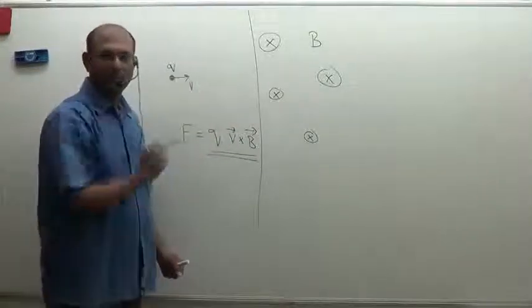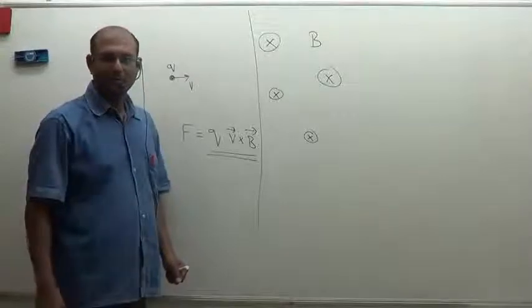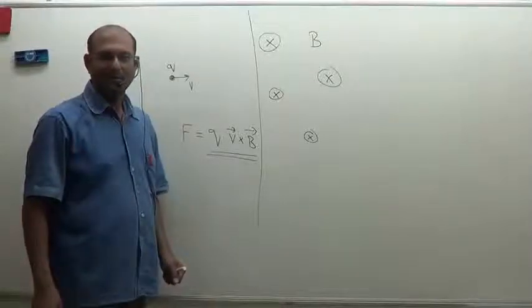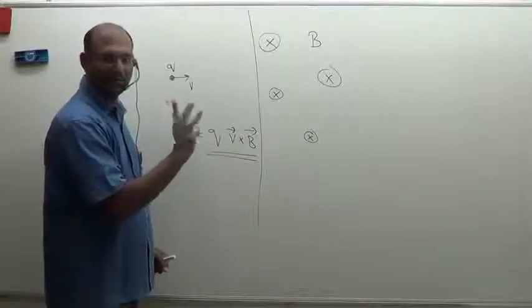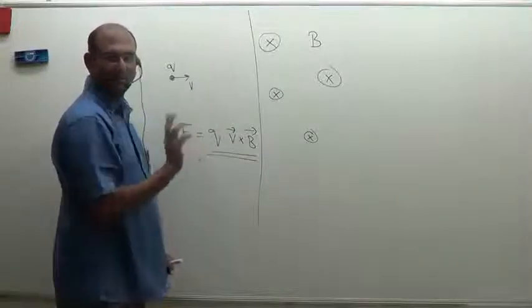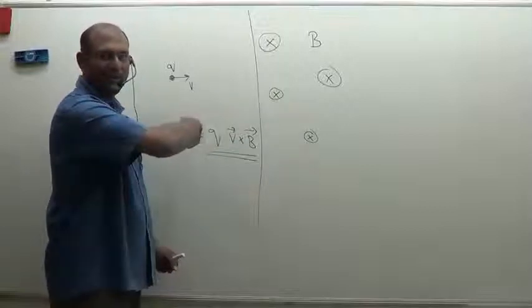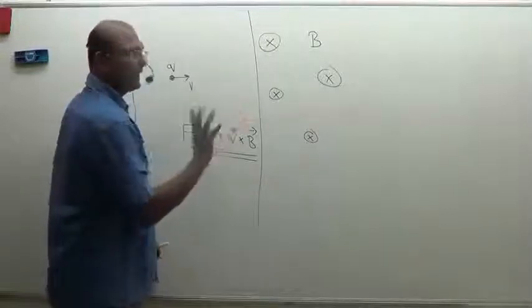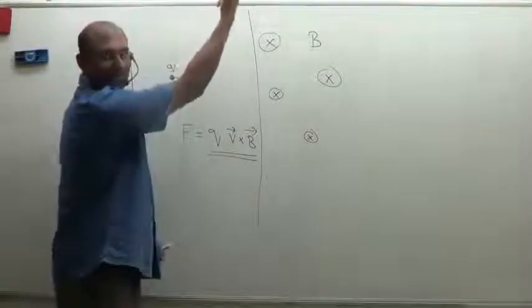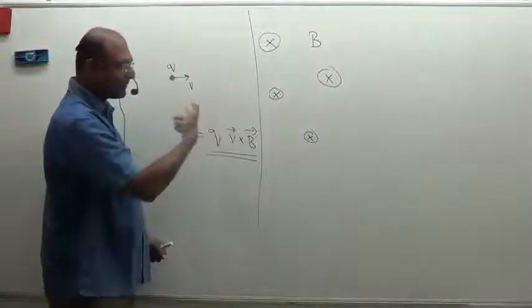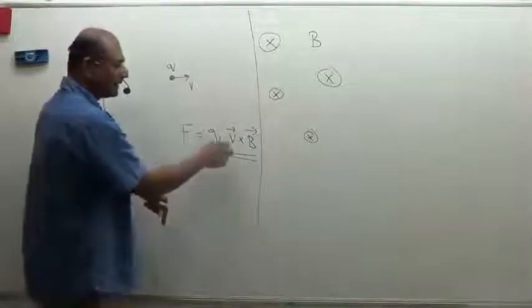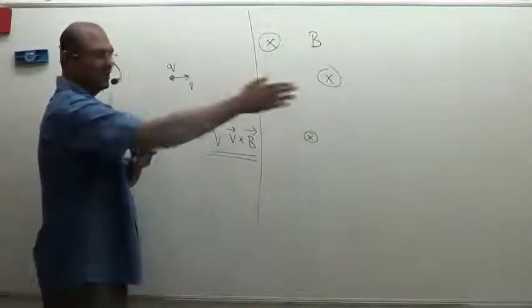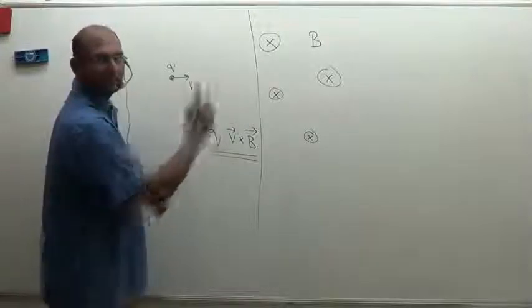Does it go up or down? What do you see? Right? V cross B, it goes this way and so therefore you must do that. If it was coming back from this to this, it would have gone down, but right now you're going from V to B. V to B is going up.